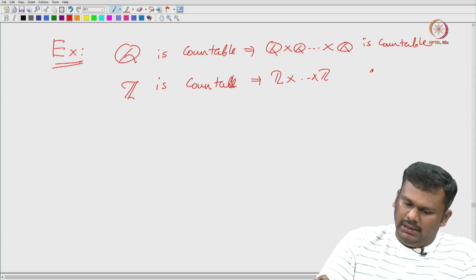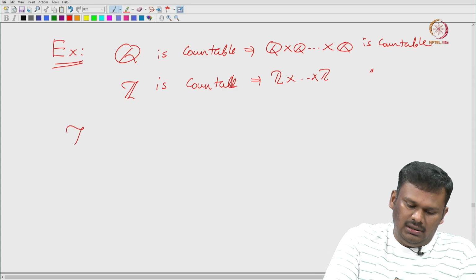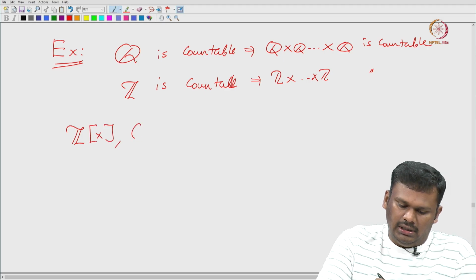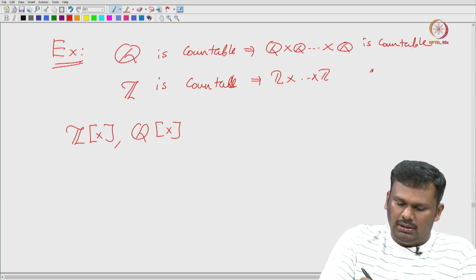And the most interesting case will be the polynomials over Z and the polynomials over Q, both of them are countable.